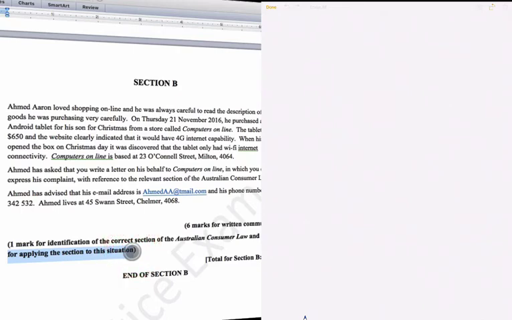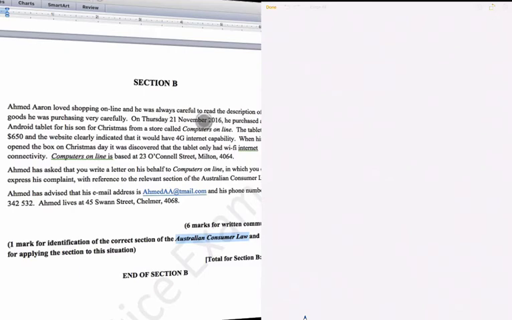Ahmed Aaron loves shopping online and is always careful to read the description of the goods he's purchasing very carefully. On Thursday, he purchased a new Android tablet for his son for Christmas on a store called Computers Online. The tablet cost $650 and the website clearly indicated it would have 4G internet capability.